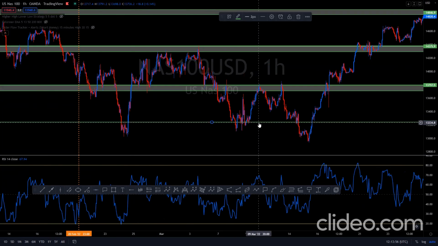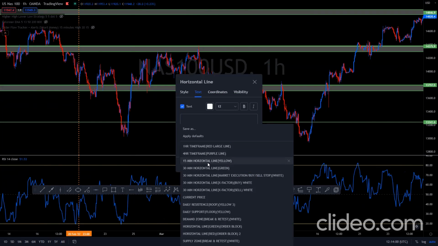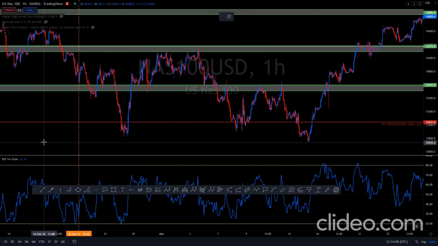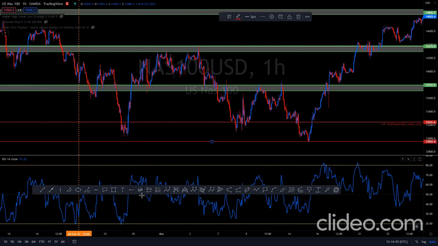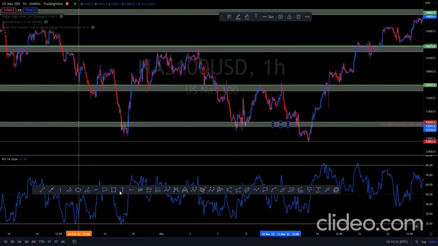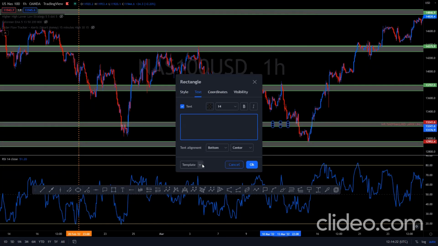And this is going to be red here. And then we're going to draw zones on these as well. These red.